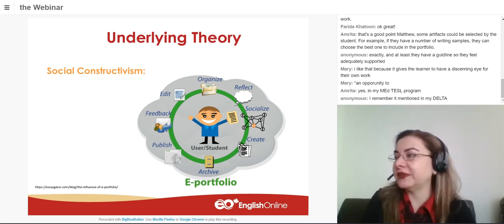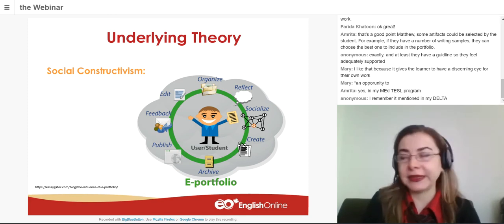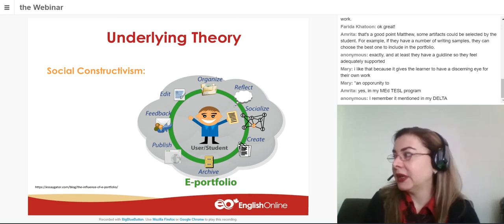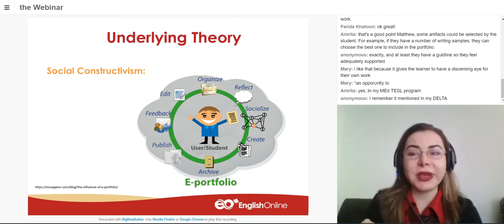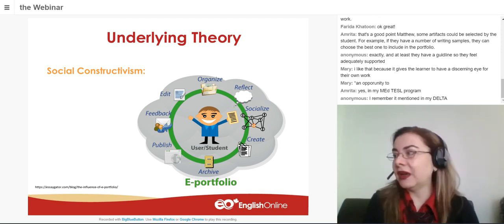Social constructivism is a learning theory which proposes that learning happens most effectively when students construct their own learning for themselves, rather than simply having the information presented and offered to them passively.